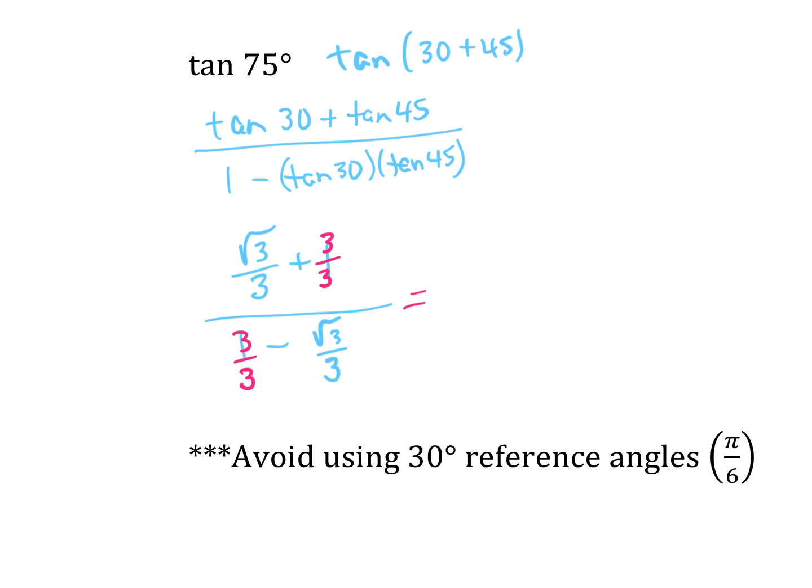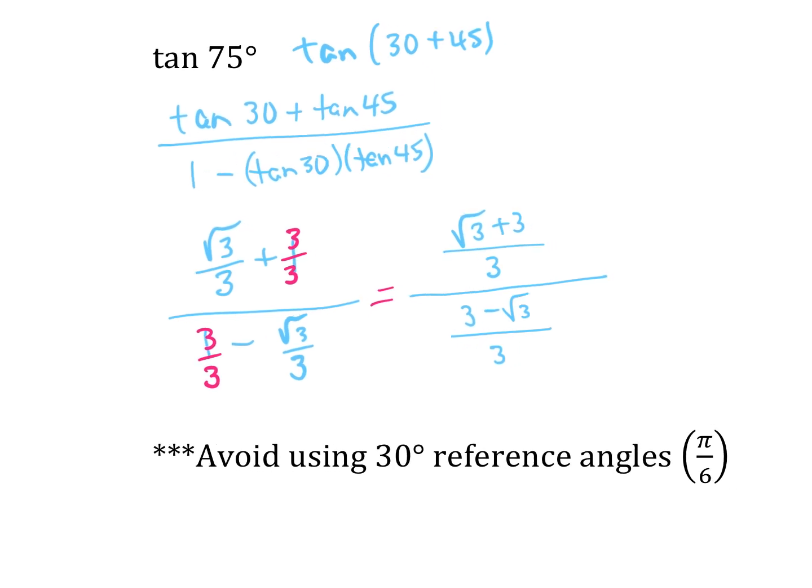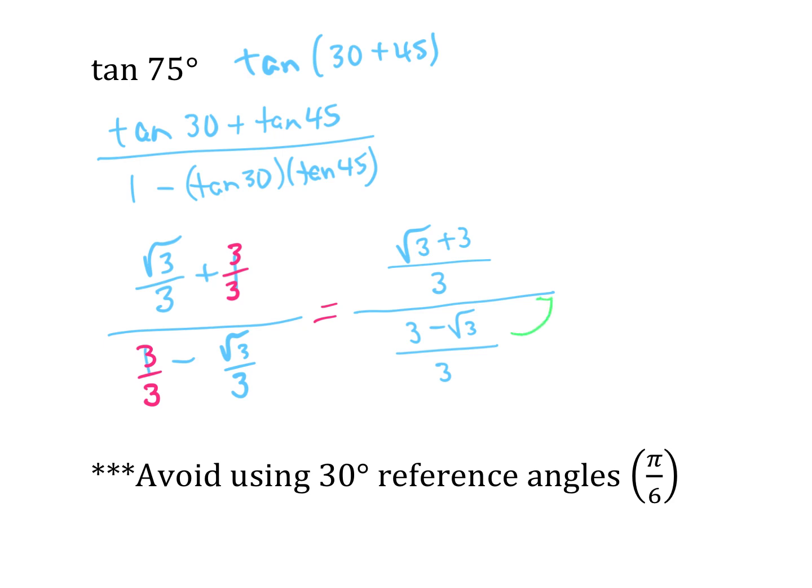All right? So we end up with the square root of 3 plus 3 all over 3, and then all over 3 minus the square root of 3 all over 3. If we keep it, change it, flip it, think about what happens here, guys. It'd be 3 over 3 minus. So the 3's divide out, right?